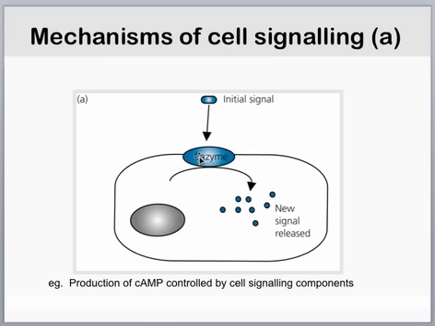So here we have an enzyme, which will be your adenyl cyclase. We have the signal binding to a receptor, the receptor activating an enzyme, and this enzyme is then converting ATP, which isn't shown here, into something such as cyclic AMP. And then that goes on to activate or do something else in the cell.